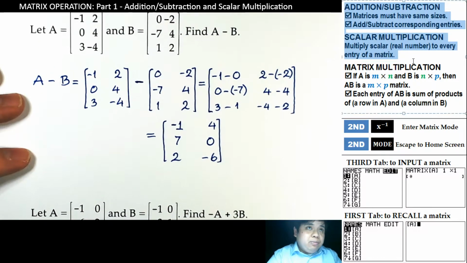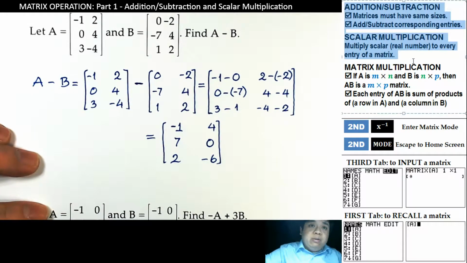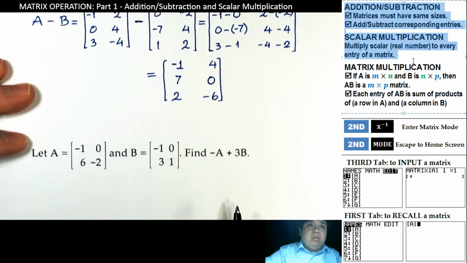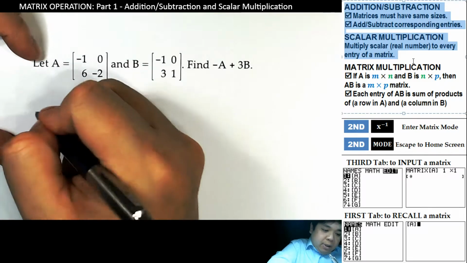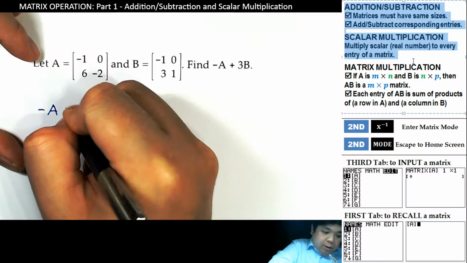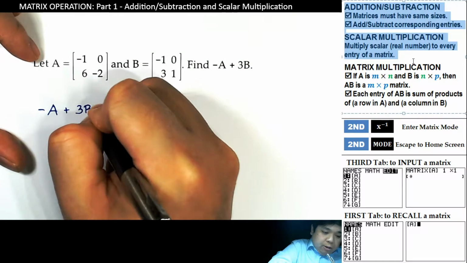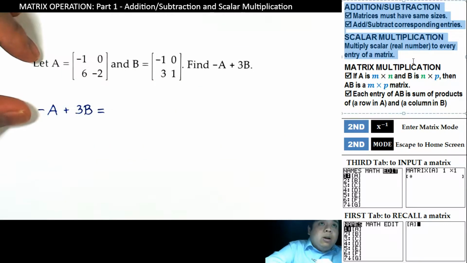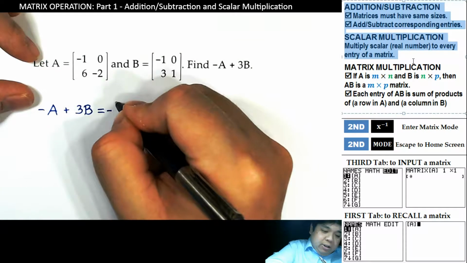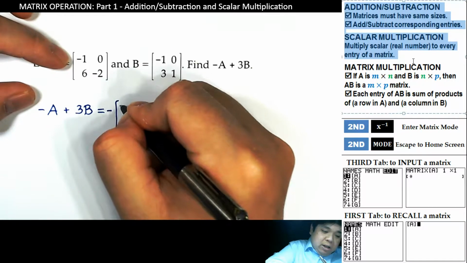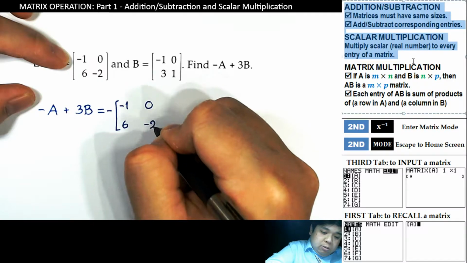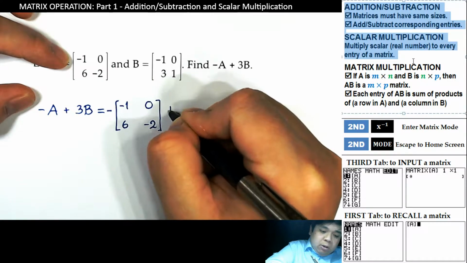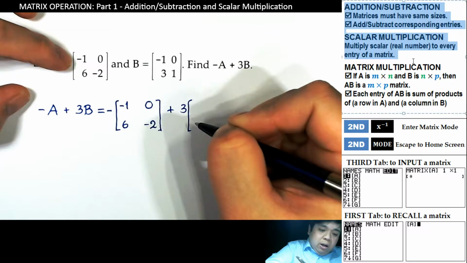This time we do negative matrix A plus 3 times matrix B.